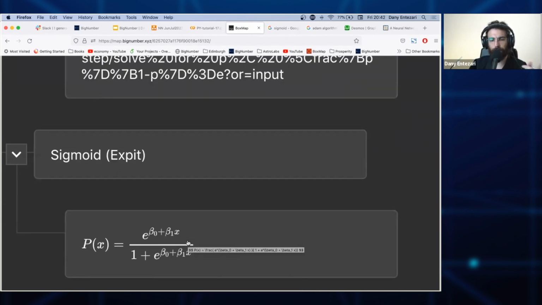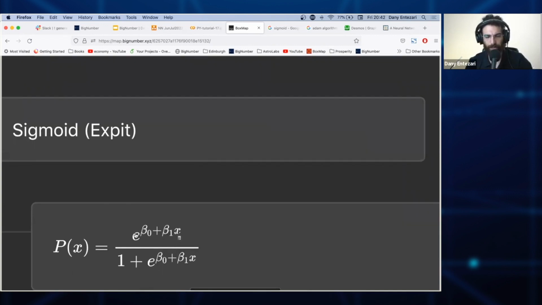This is the formula. Basically, this is odds. In the context of binary classification, we're asking, what is the probability of it being this class versus being in that class? What is the probability of this particular feature being fraud versus not fraud?